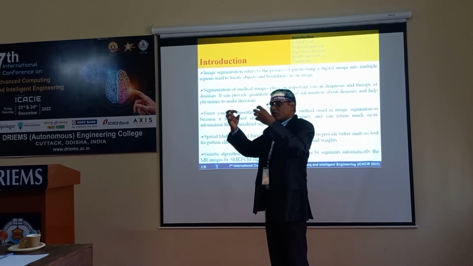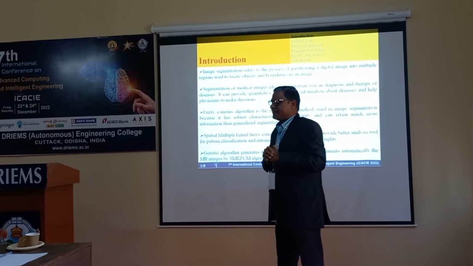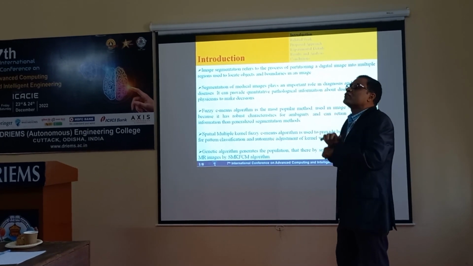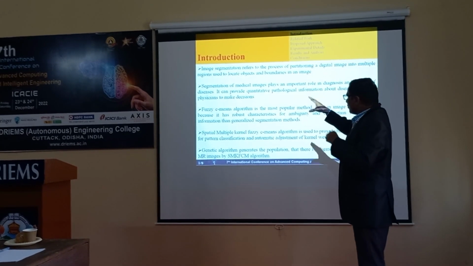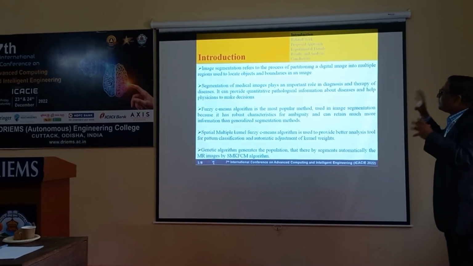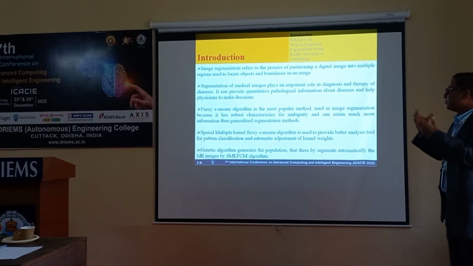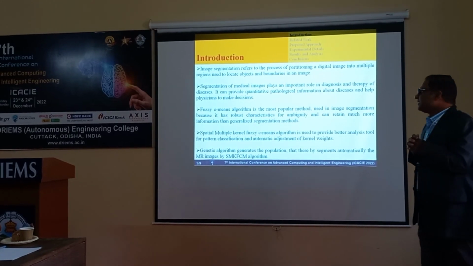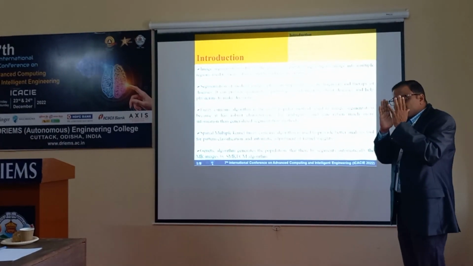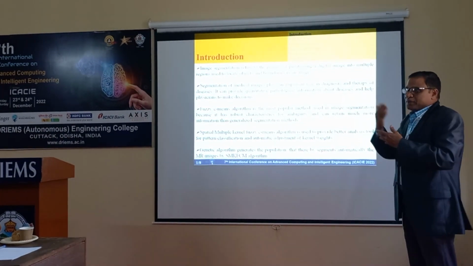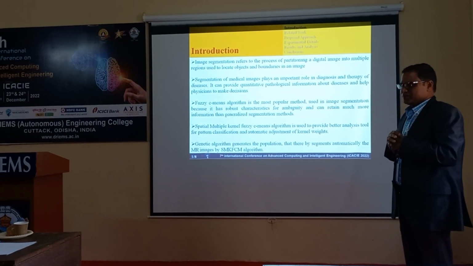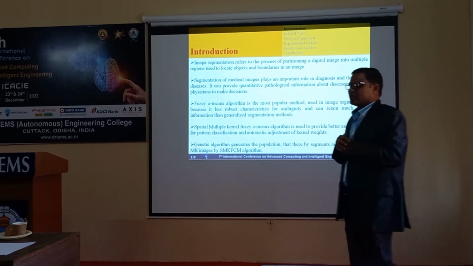Then we have to find out how many clusters may arise, and then find the center location for them. In this case, we have to analyze the segmentation of medical images for the diagnosis and therapy of diseases. The standard, most application-oriented and most popular algorithm is this image algorithm, but there are some drawbacks under that.